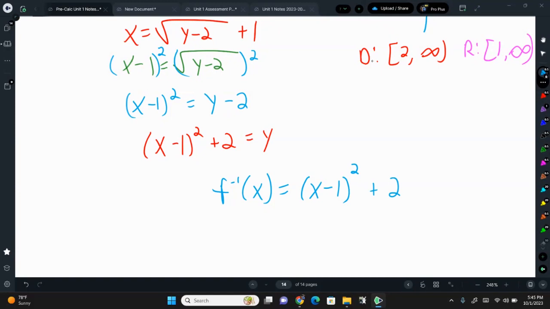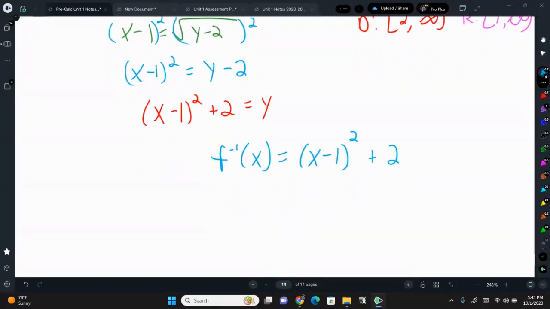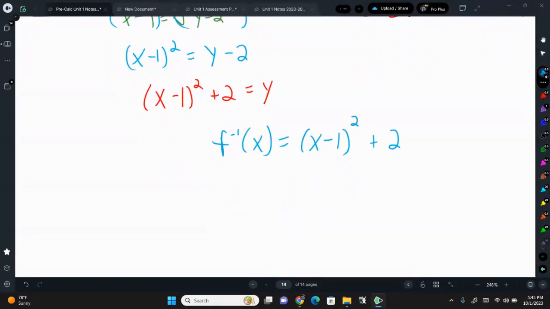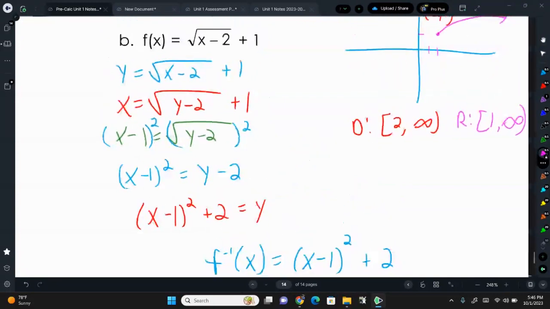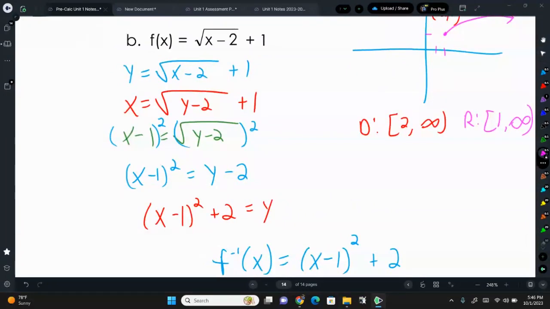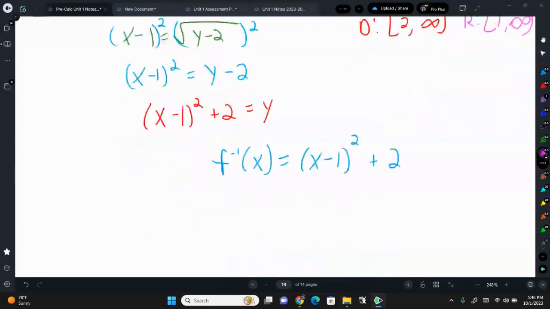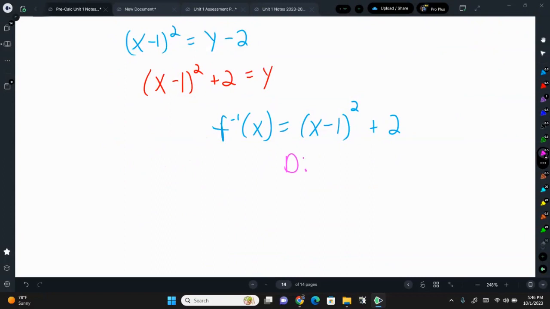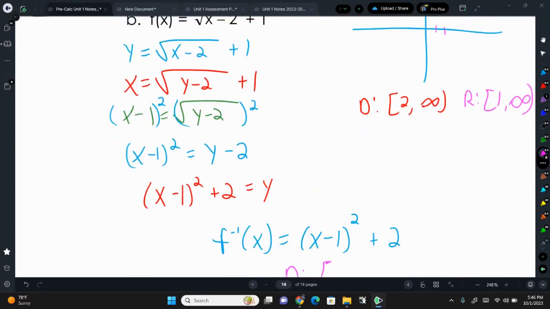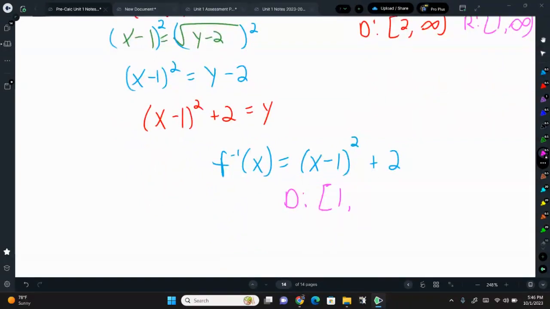Now the domain of this, if you weren't talking about inverses, you'd say, oh, that's a quadratic. The domain is negative infinity comma infinity. But the range up here, when we were talking about the original function, was 1 comma infinity, which means the domain of this is also 1 comma infinity.